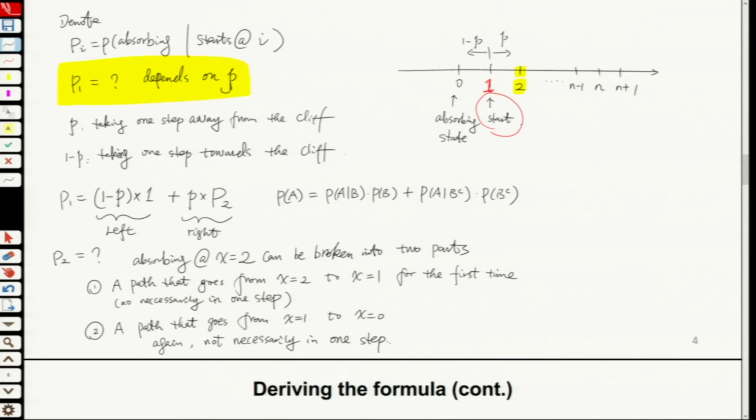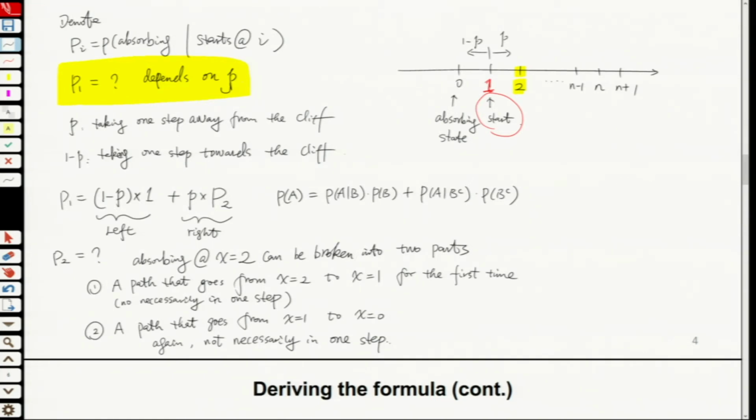So there are two parts. The first part is if we start in location 2, if we start over here, obviously we can wander here, right? And then maybe we go back to 1 for the first time. Okay?